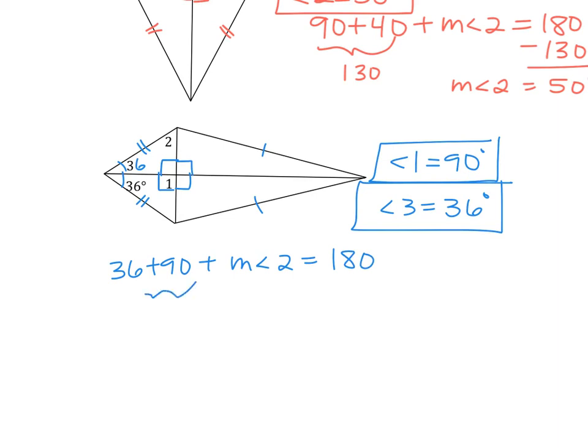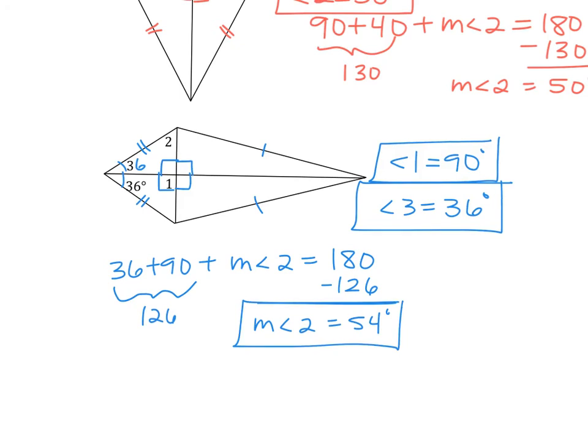So if we subtract that, that's 126. Then the measure of angle 2 comes out to 54 degrees. And that would give you all three of your angles. Any questions on that?